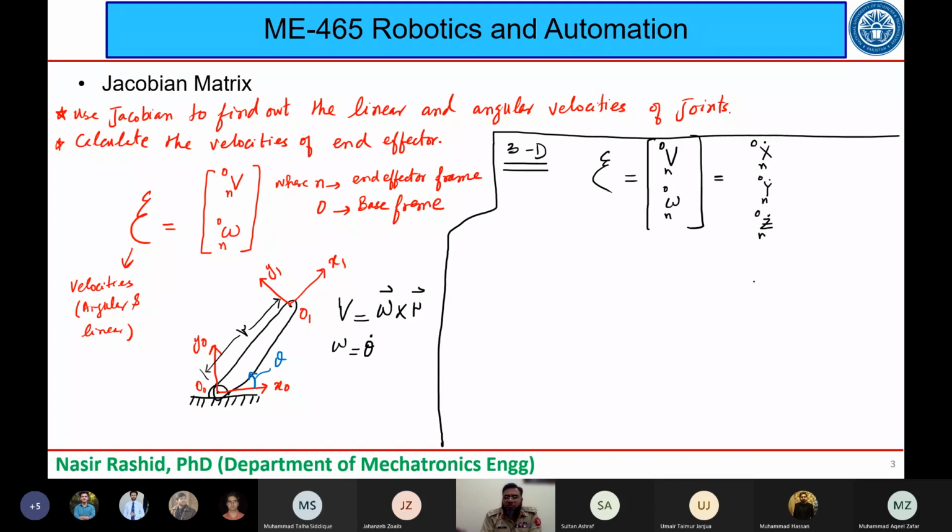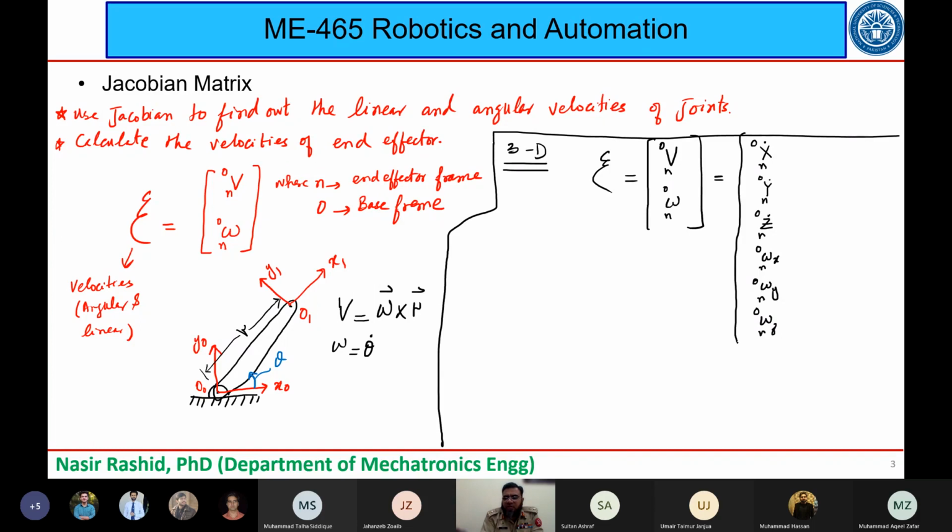Okay. So now let us talk about the angular velocity. The angular velocity will be the rotation of the end effector about x, y, and z. That can be given by these terms: omega x n with respect to 0, then omega y n with respect to 0, and then omega z n with respect to 0.